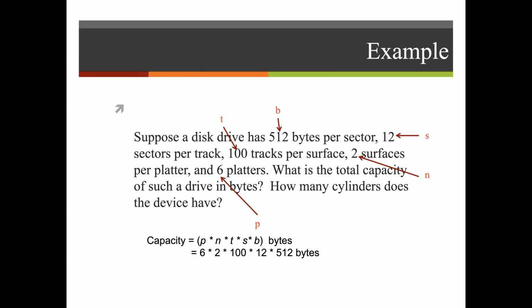And so it is going to be equal to 7,200 kilobytes, or 2 to the 10 bytes. And it has T cylinders, which are 100.